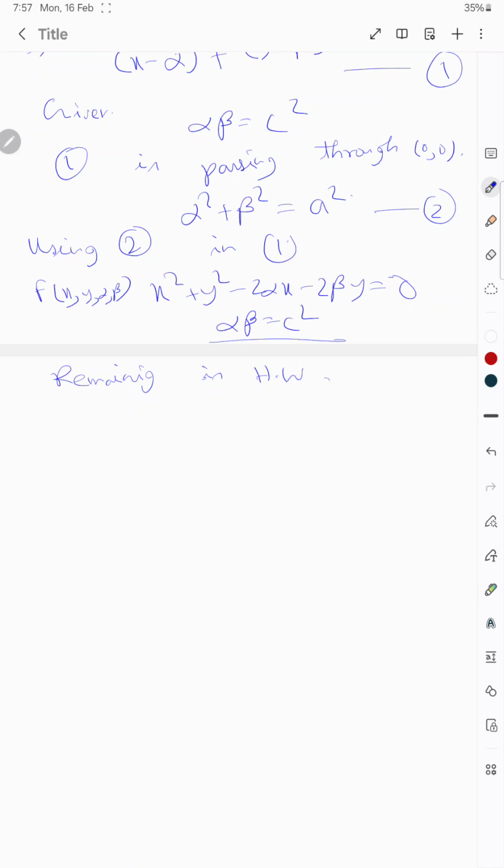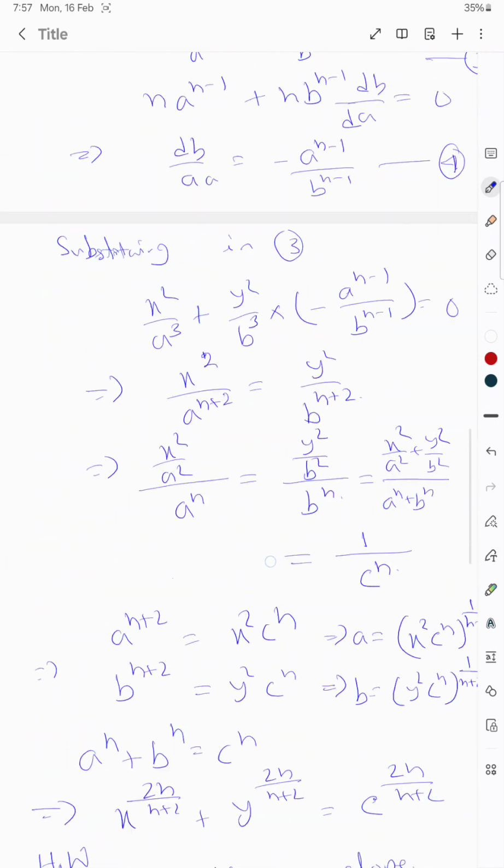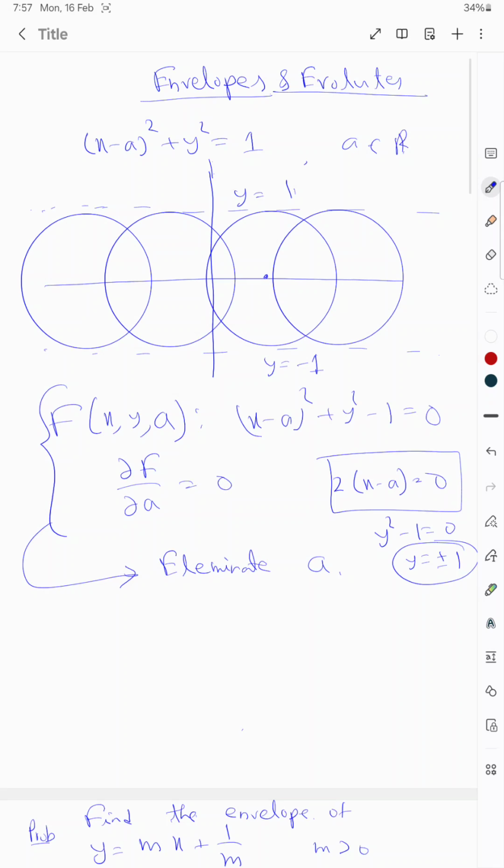There is one more thing, that is evolutes. What is this envelope? Whenever you are dealing with an envelope, it is like some tangent thing, right?